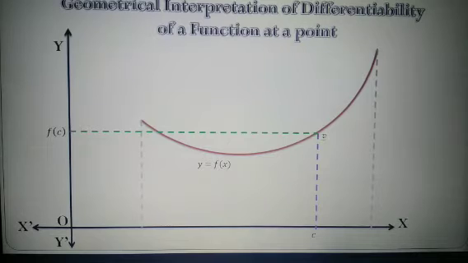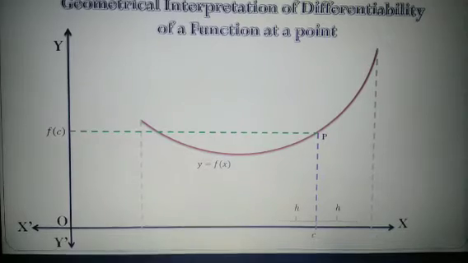Similarly, now let me call this point p. Okay, now I'm going to introduce a very small quantity h, which is positive. Okay, so if h is a very small positive quantity, then from here to here is h. Okay, from here to here is also h. So till here is c.